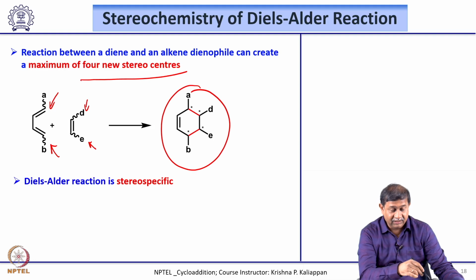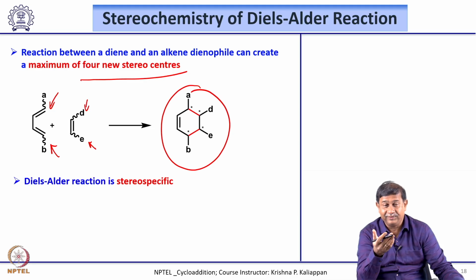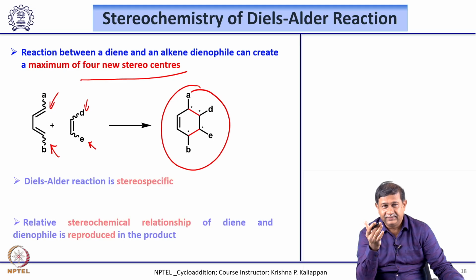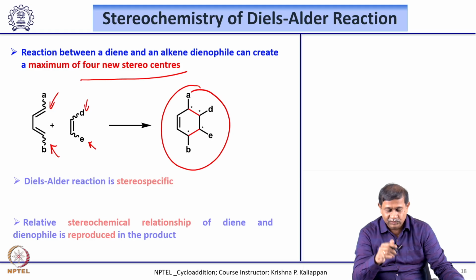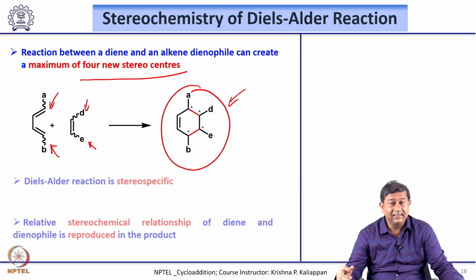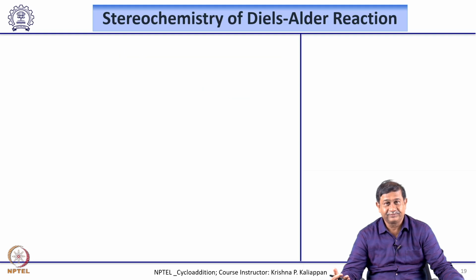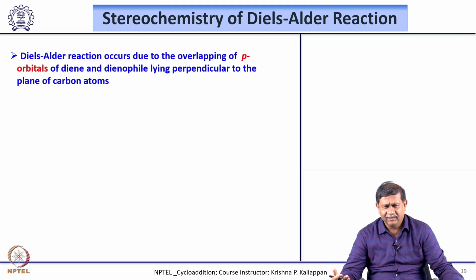Whatever stereochemistry you have in the diene and dienophile is retained. So it is good to start with a fixed geometrical isomer of the diene and dienophile so that you can easily create a maximum of 4 stereocenters in Diels-Alder reaction.